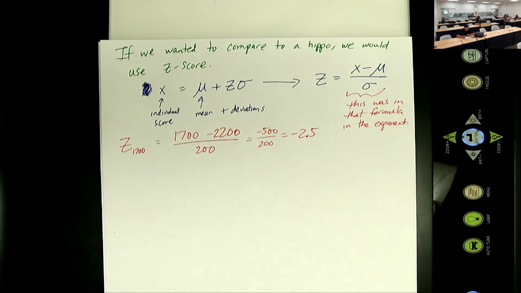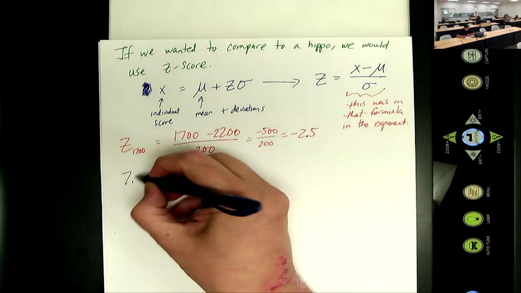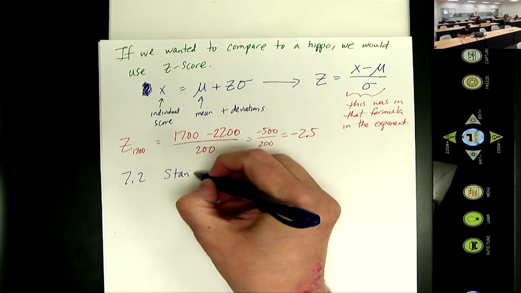So this kind of leads into 7.2. Is the standard normal distribution.